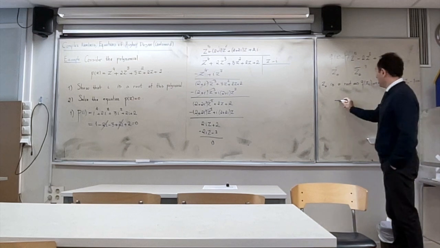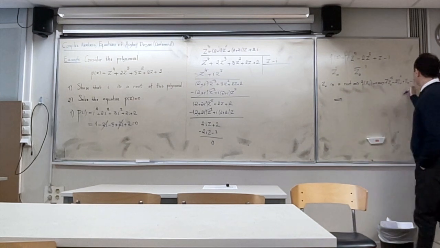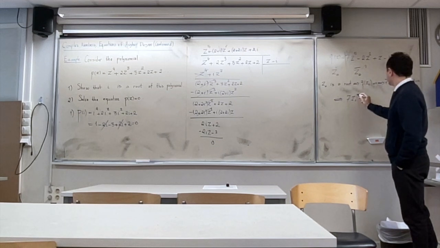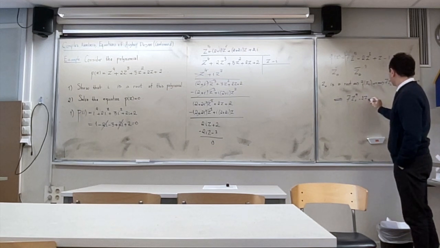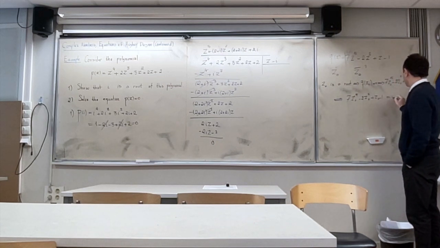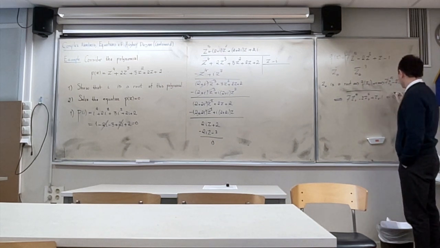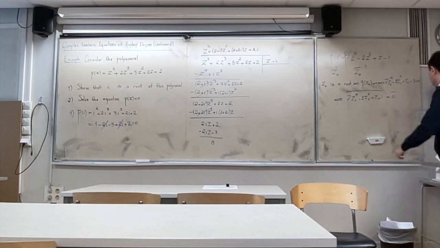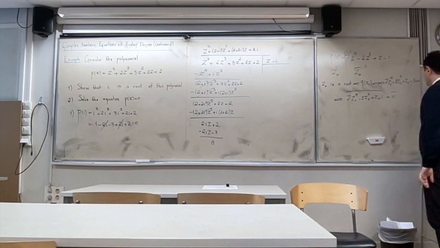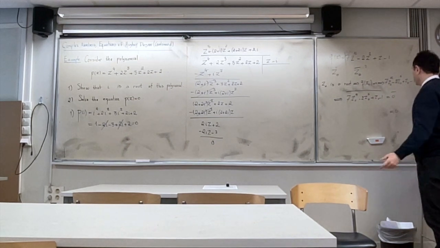But now if this complex number is 0, its conjugate remains 0. The conjugate of this should be equal to the conjugate of this. If these two complex numbers are equal, the conjugates are also equal. But the conjugate of 0 is 0, we know.